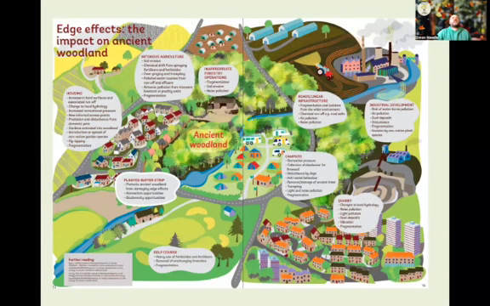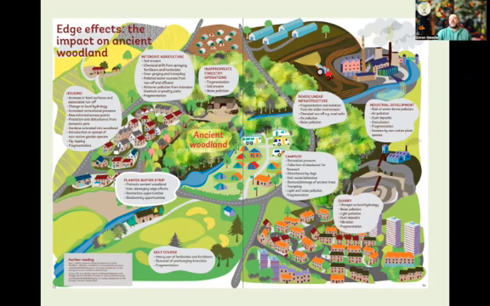Think about the effects on ancient woodland. There are many, and they can be at some distance as well. This is from the Woodland Trust's ancient woodland booklet on development. Think about fragmentation, inappropriate forestry operations, and how intensive agriculture may be. Is that causing soil erosion? Are the fertilizers and herbicides having an impact on that ancient woodland?